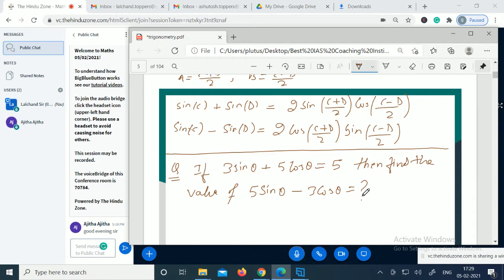We are given 3 sine theta plus 5 cos theta equal to 5. We need to find the value of 5 sine theta minus 3 cos theta. Can you solve this question?